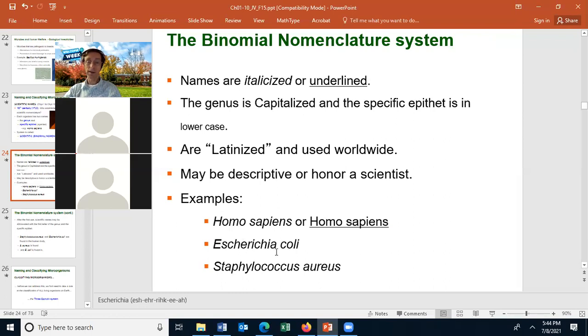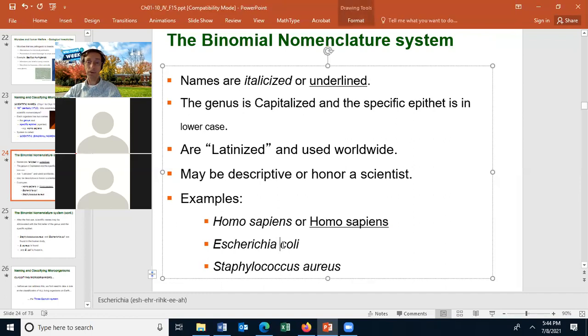Escherichia coli is both honoring somebody as well as descriptive. Coli stands for, you can find it in the colon, so that's descriptive. Escherichia is named after Escherich, who was an early microbiologist. Staphylococcus aureus is descriptive.